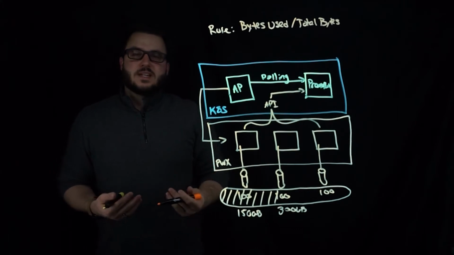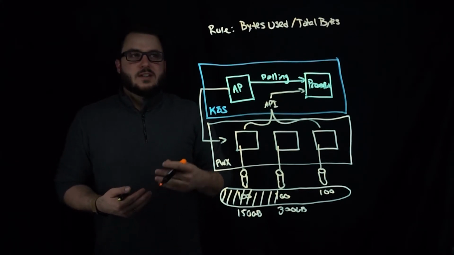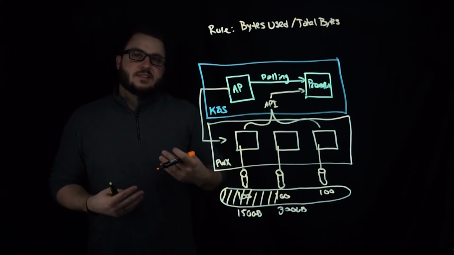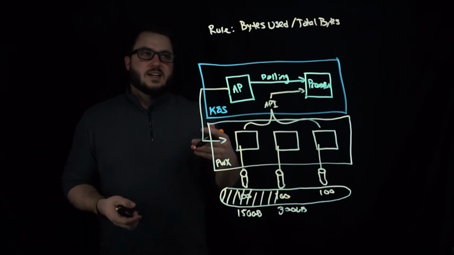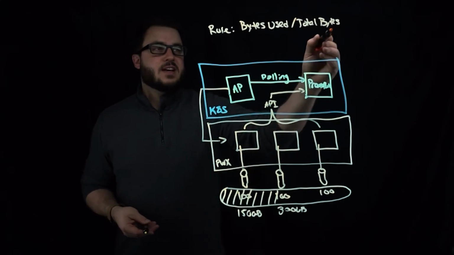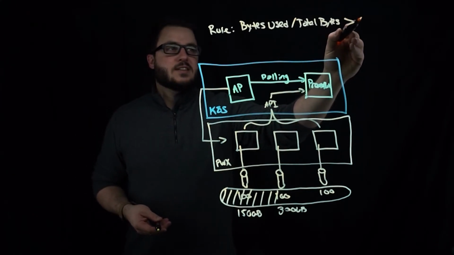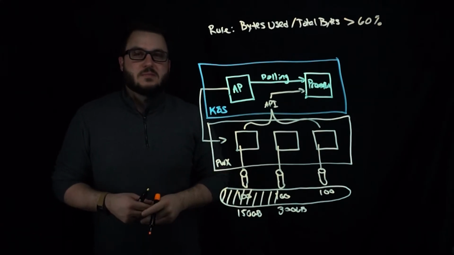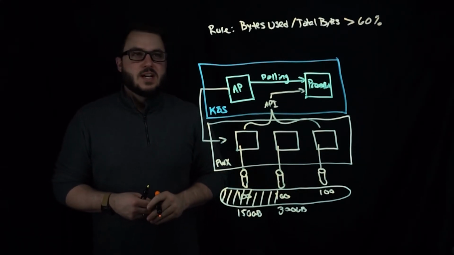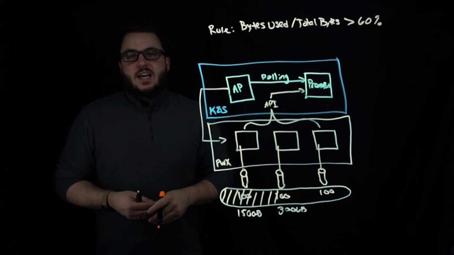So this gives me a sense of the amount of capacity I have used. So we could say that when I've used more than 60% of my total capacity pool, then we provide an action.